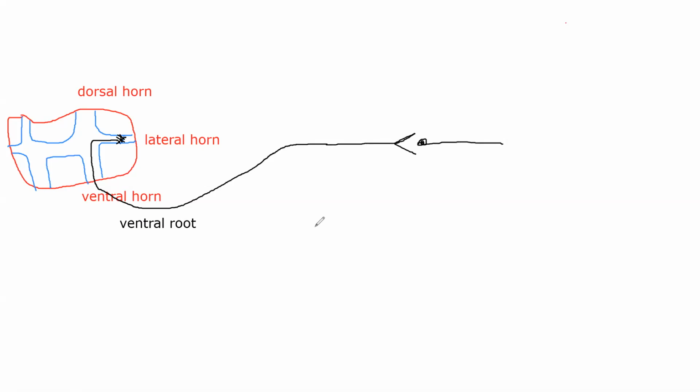Now, when it leaves the ventral root, it is myelinated. And so we're going to call this part, this preganglionic neuron, a myelinated or a white ramus fiber. Then it's going to join this ganglia. Remember, we said that this synapse connection here is our ganglia.